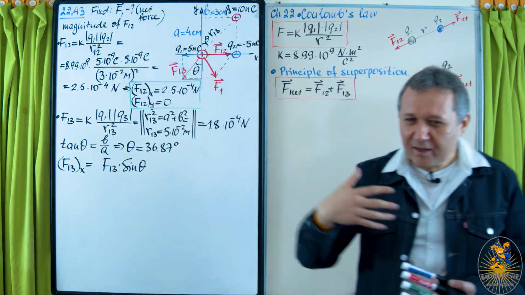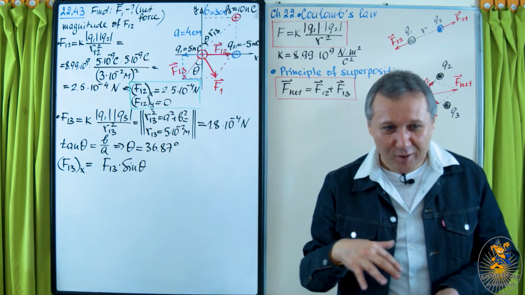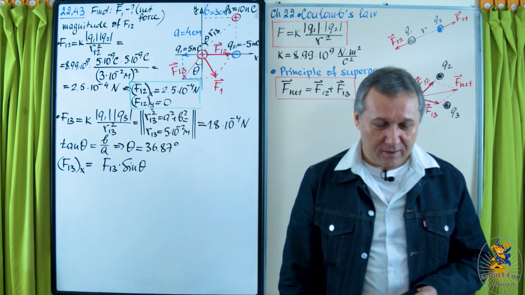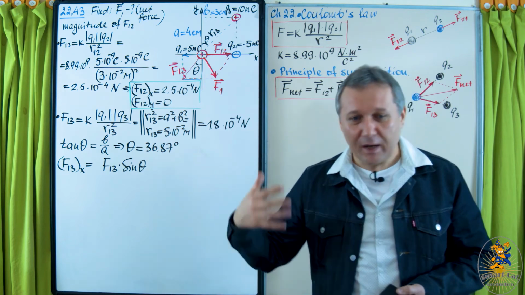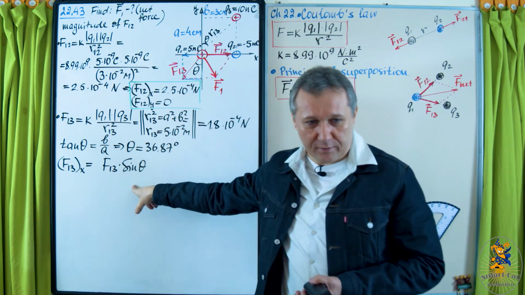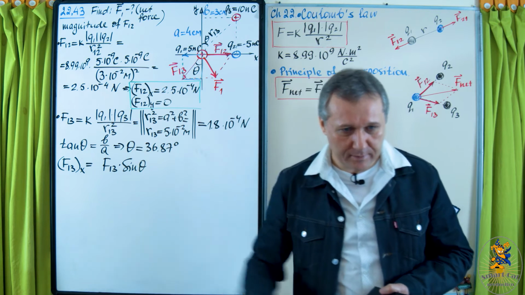But since that angle may be conventional, but not the most convenient in this situation, we use the most convenient angle, this angle theta. And since we're not using the conventional one, the minus sign is not going to appear here automatically from the sine function. So we have to put that sign manually, minus.